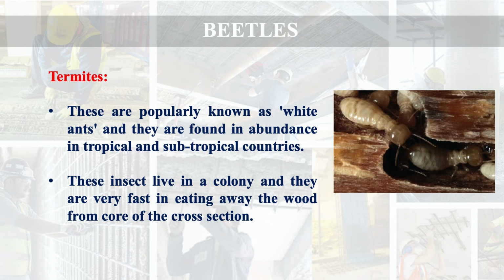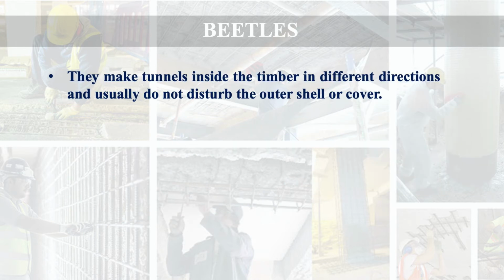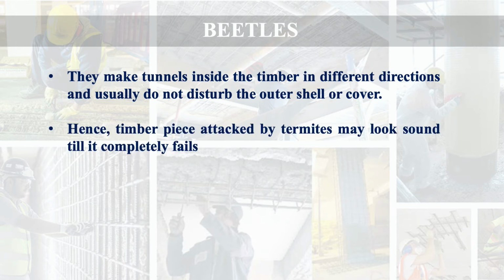What they do to the timber? They make tunnels inside the timber in different directions and usually do not disturb the outer shell or cover. Hence, timber piece attacked by termites may look sound till it completely fails.